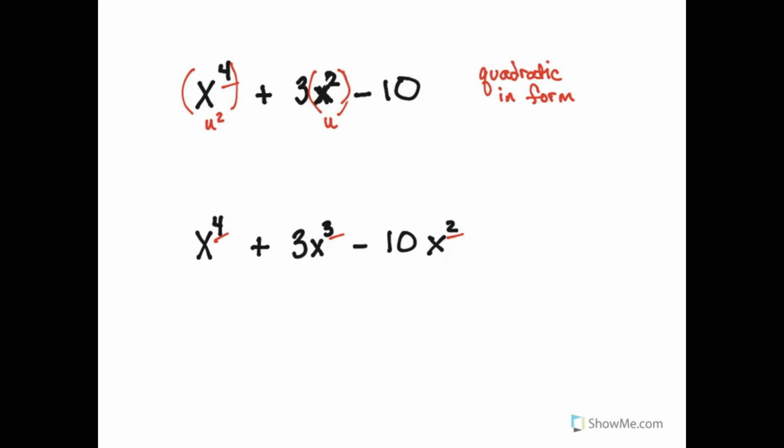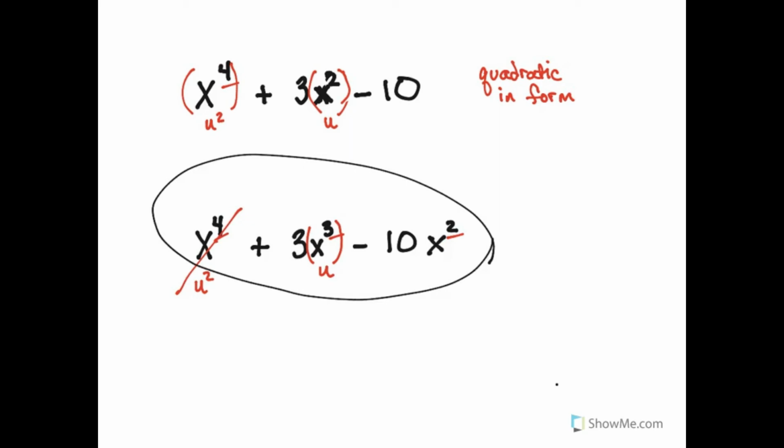But the second one, if I mistakenly think that u is x cubed, u squared is x to the sixth. And so it's not x to the fourth. And in fact, we don't have a constant at the end either. So what happens with this expression is that we need to factor out x squared.